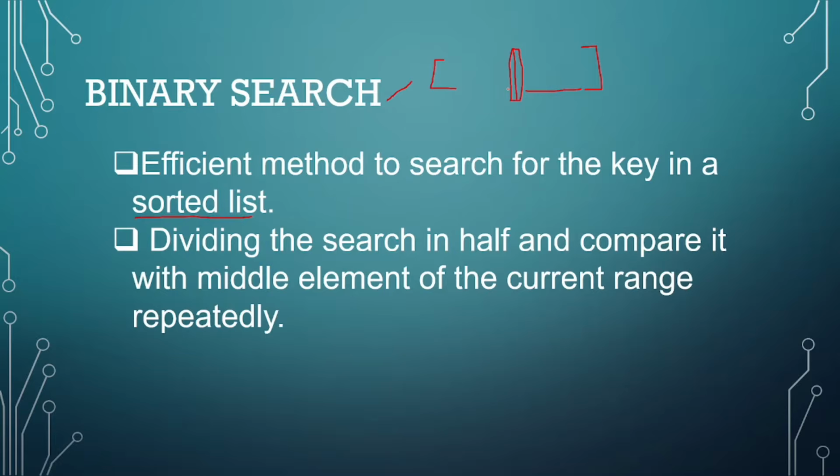If it is less than, the searching will start on the left side. You divide the list into half and compare with the middle element of the current range repeatedly. It is one of the efficient methods to search a key.